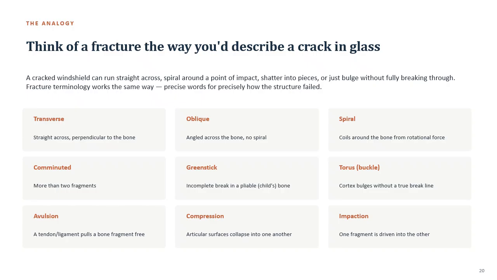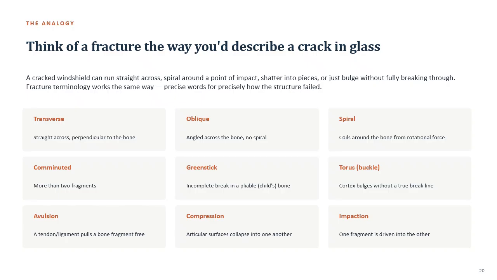The next one is greenstick and torus fractures. These are considered to be incomplete injuries. They're seen most often in children because pediatric bones are a little bit more flexible than adult bones. With an avulsion fracture, a tendon or a ligament pulls a piece of the bone away.